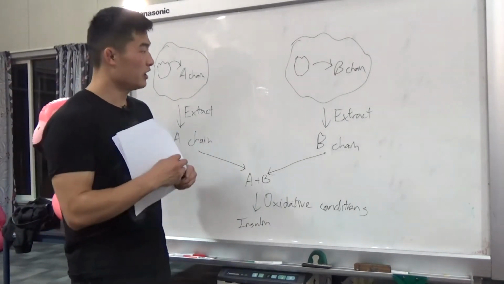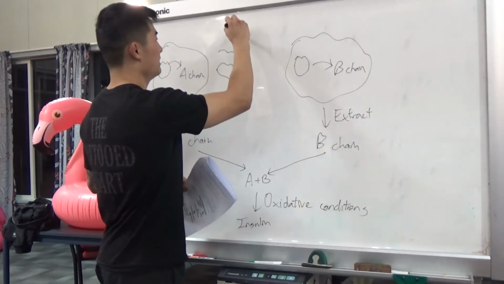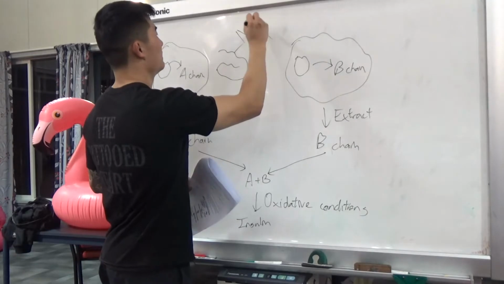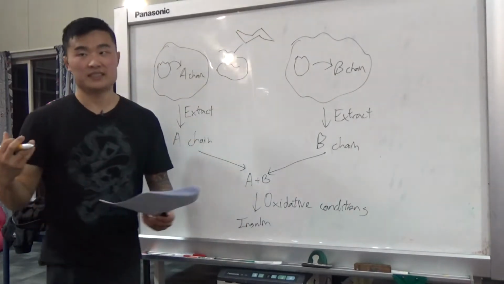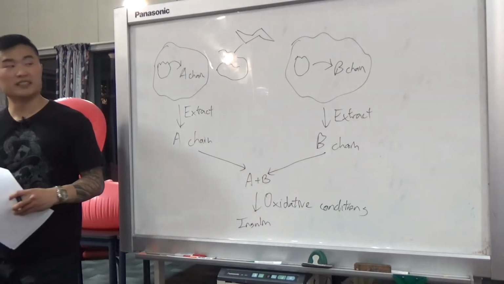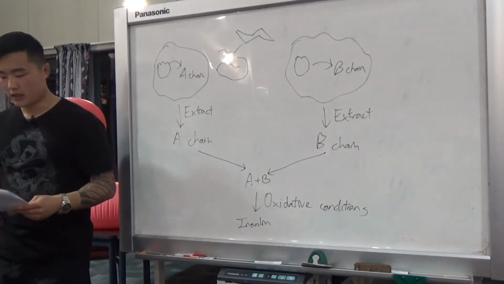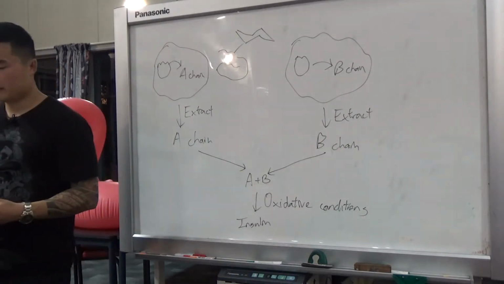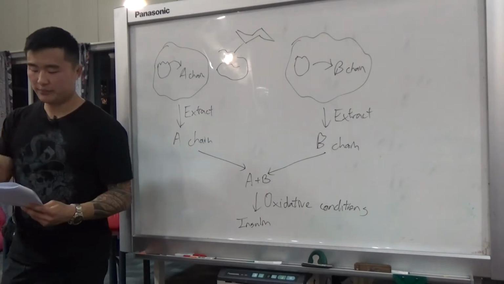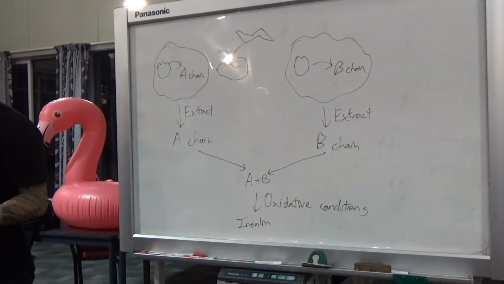Glycosylation is, if you have the protein here, you're just adding, so glyco means sugar, right? So glycosylation means adding a sugar. So you're just adding a sugar to that protein. And because bacterial cell systems can't do glycosylation, you have to use a mammalian cell system. And so if you're using a mammalian cell system, you need a mammalian promoter.